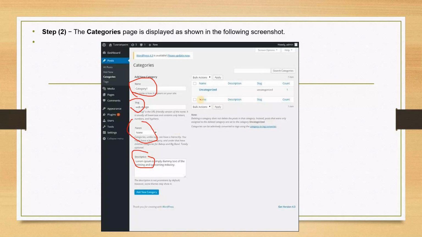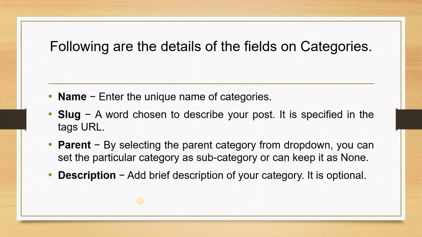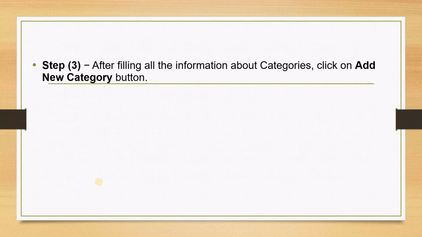Now after filling all the information about categories, click this button, Add New Category. So these are the entries which I have told you: name, slug, a word chosen to describe your post, parent, description.